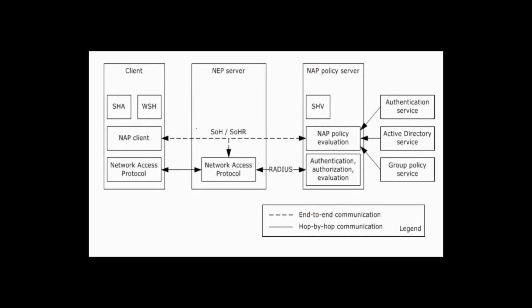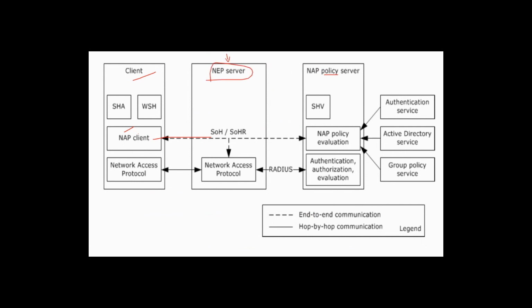And in this diagram, you can see that the client who has the agent, the SHA, and the NAP client, sends the SOH, which is the health check of the client, to the NAP server. Here is the NAP enforcement point.